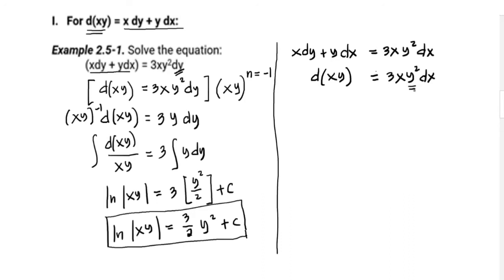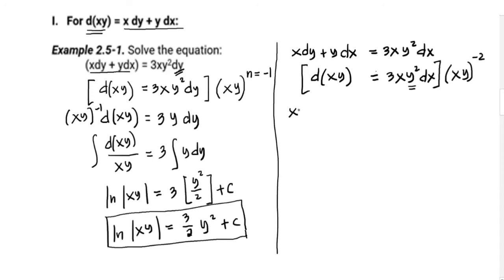We have to eliminate this one. We can eliminate y squared by multiplying the whole equation by our integrating factor xy, and it should be raised to negative 2, so that y raised to negative 2 times y squared is cancelled. So we will now multiply the integrating factor to the whole equation.